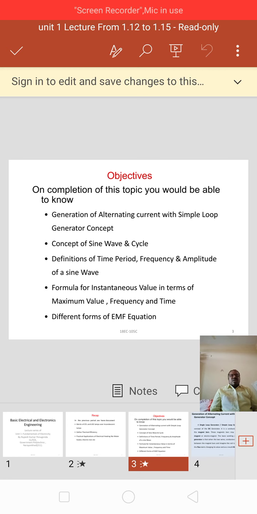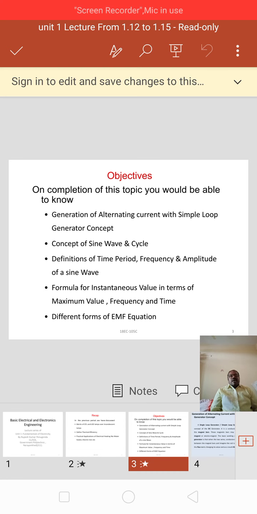As well as we also learnt the instantaneous value in terms of maximum value, frequency and time. That is, maximum value of alternating voltage is capital V equal to Vm into sine of theta, that is V equal to Vm into sine of omega t, as well as V equal to Vm into sine of 2 pi f into t, as well as V equal to Vm into sine of 2 pi by capital T into t.